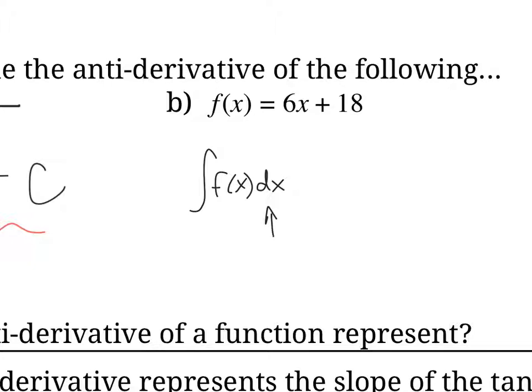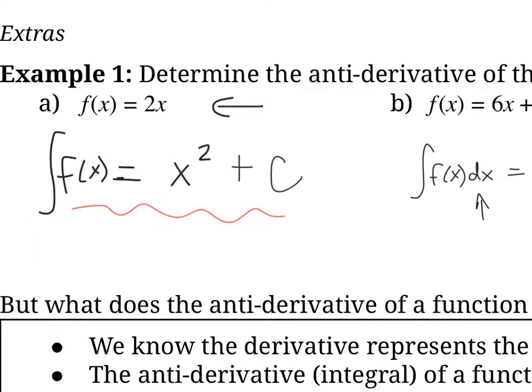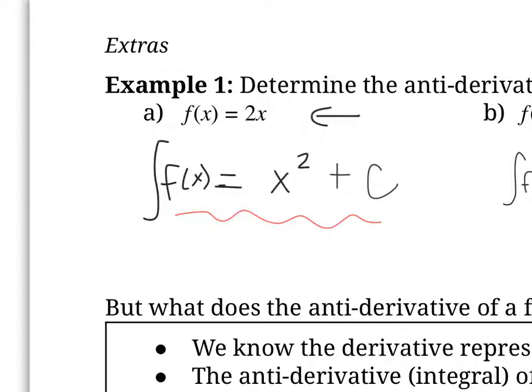So we do need to include this part here, which I forgot completely about. So this actually should be, let me erase. Good enough. It should actually be the integral of f of x dx.